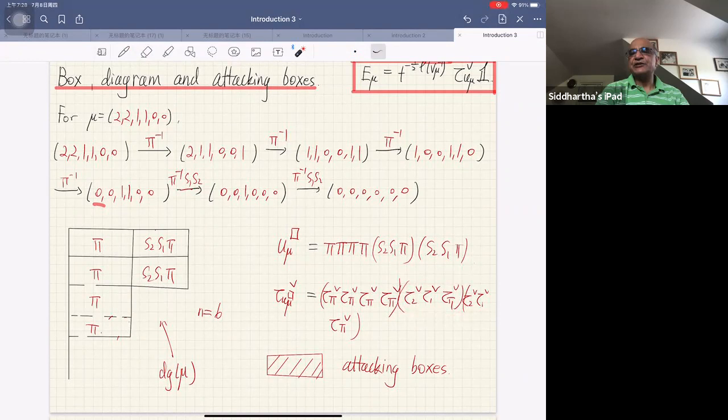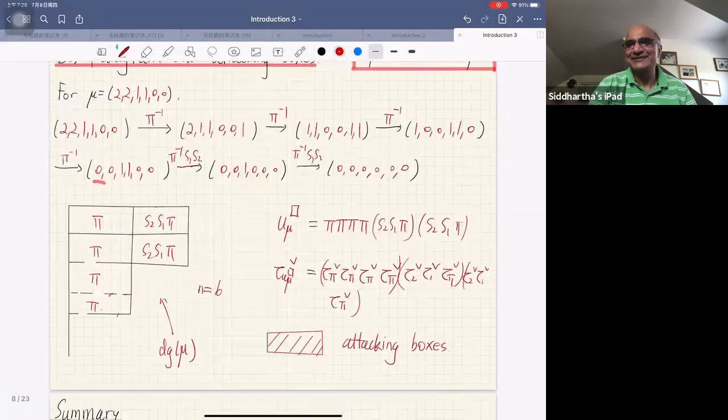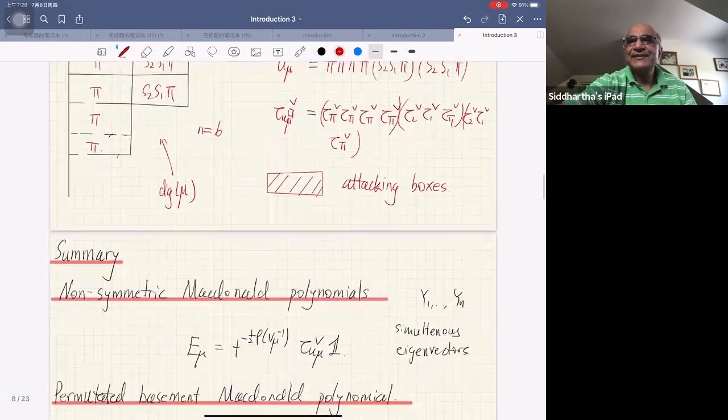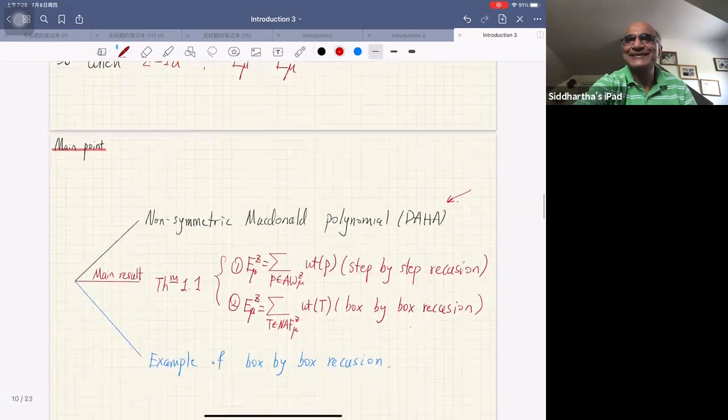If you move something past a whole bunch of zeros, then there is some cancellation of denominators. So it would be interesting to understand what's the relationship of this. Okay, that's all. It's not really a question, it's just a comment.